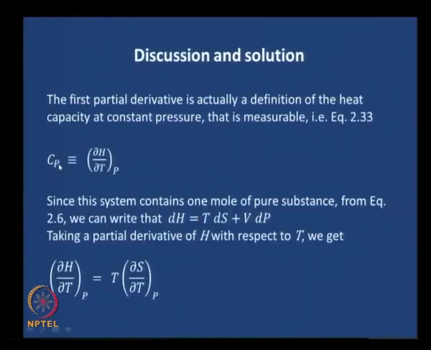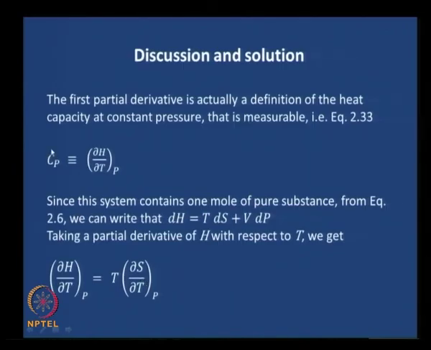Proceeding further, ∂S/∂T at constant P equals Cp by T. This you get by comparing the previous equations. Let us go back a little bit. ∂H/∂T at constant P equals Cp, and we had gotten this as T ∂S/∂T at constant P. You equate this to this.